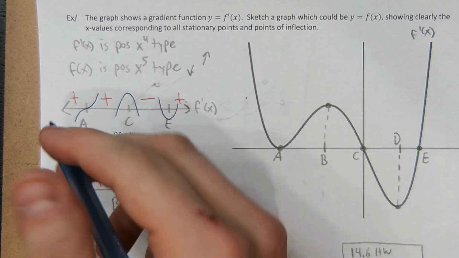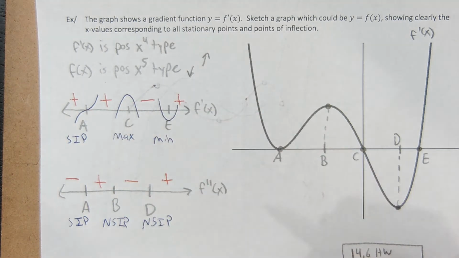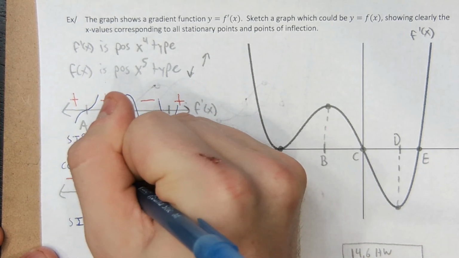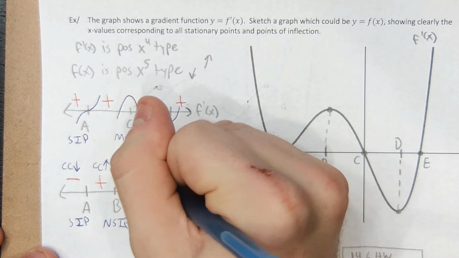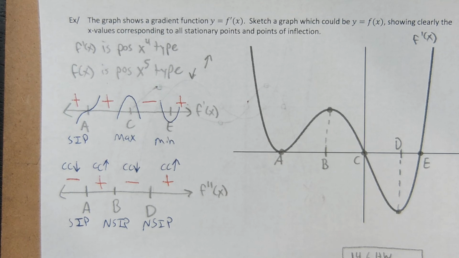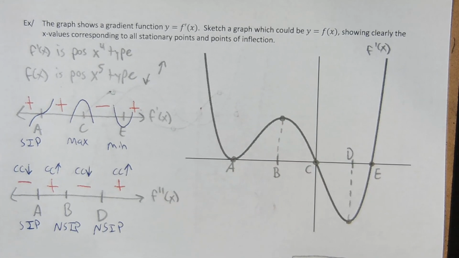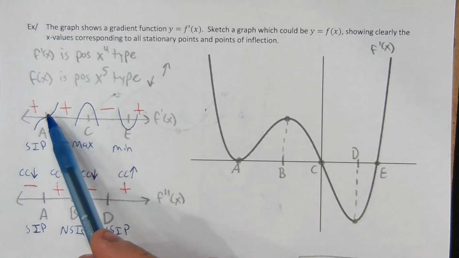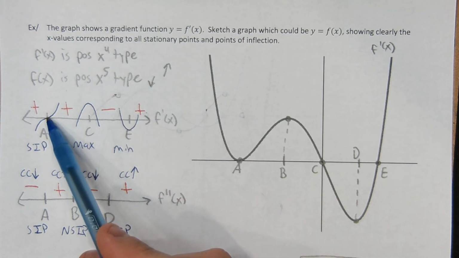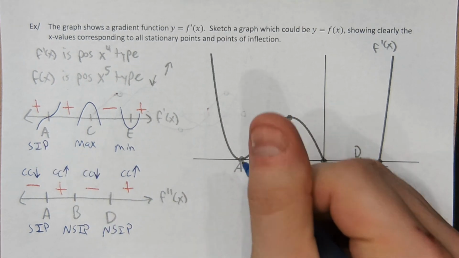Here, we're concave down. Kind of running out of space here, so I'll do CC down, CC up, concave down, and concave up. I'm cheating a little bit. Let's get her sketched. I know that I'm going to be left down, and I have this kind of shape happening at point A, so might as well go ahead and make that happen.